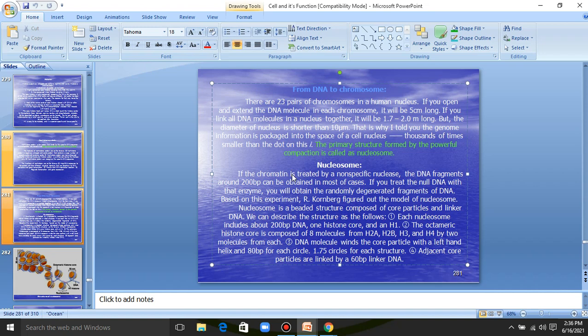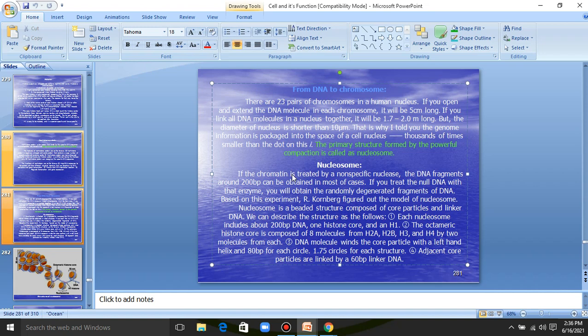Now, if you treat this short DNA fragment of around 200 base pairs with the same nuclease enzyme again, you will get randomly degenerated fragments of DNA.